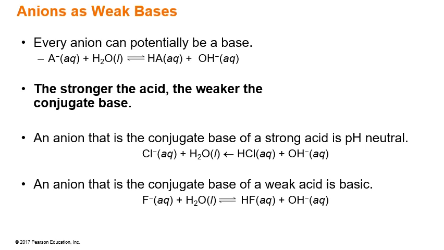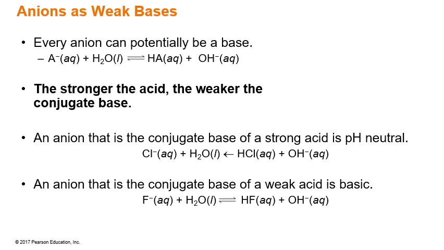So if we think about this, the strong acid is going to want to break up nearly 100%. And if we have the anion from that, it is not going to want to associate with the H+, and so nearly 0% of that ion is going to want to form back into a strong acid.